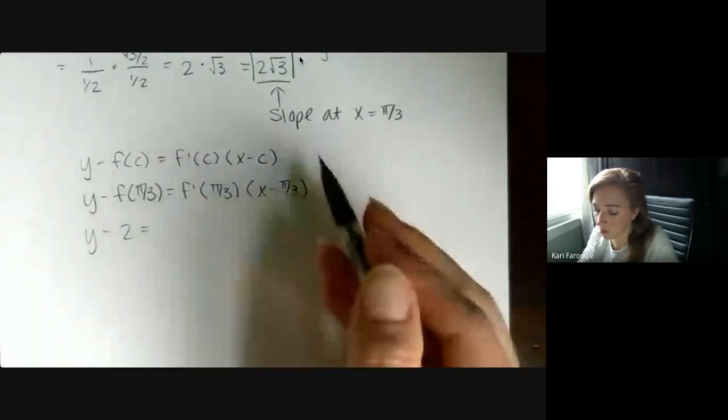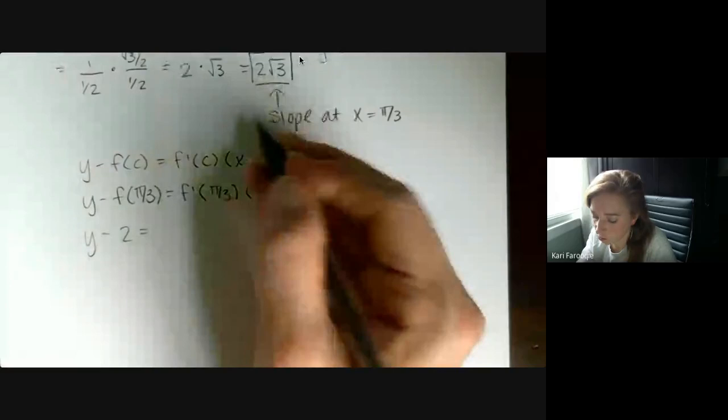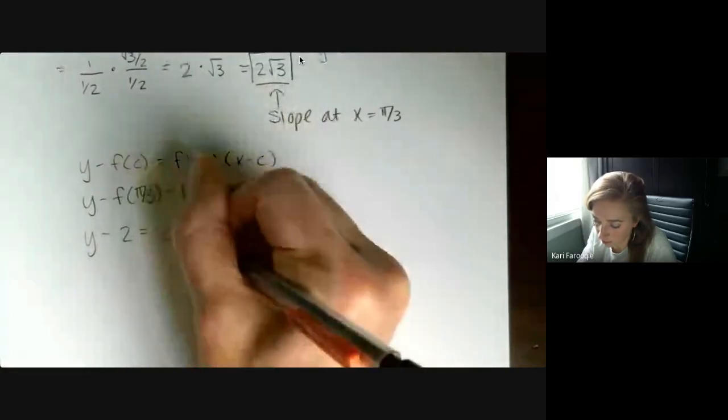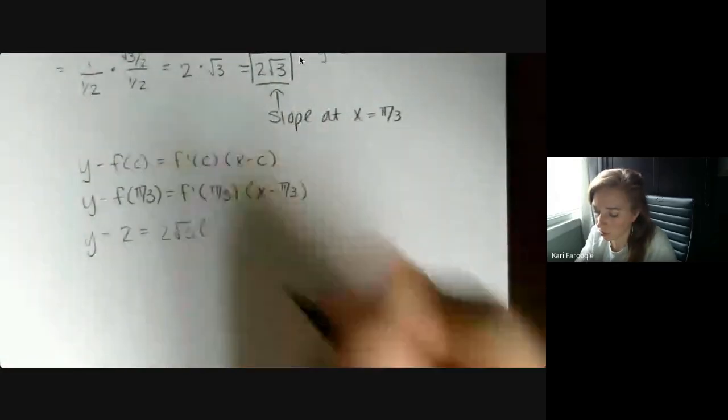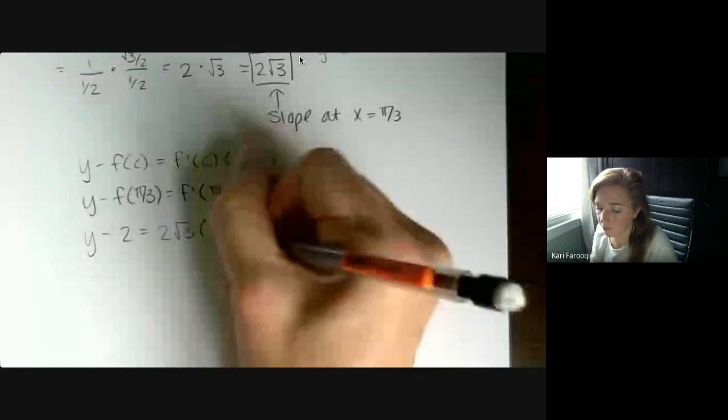f prime of pi over 3, we just found to be twice the square root of 3, times x minus pi over 3.